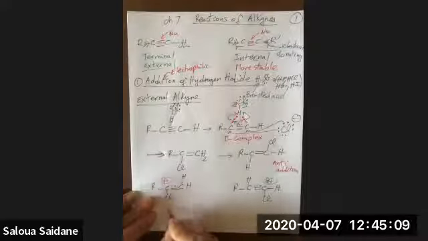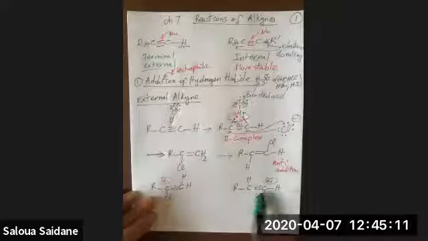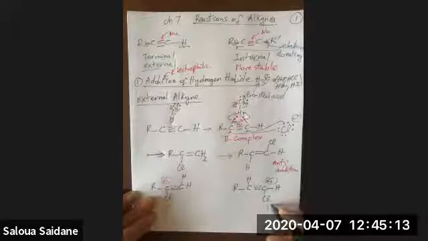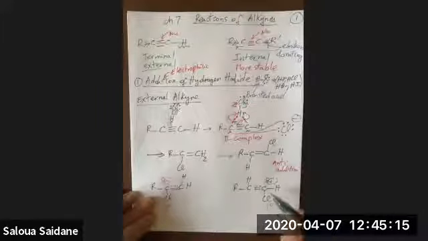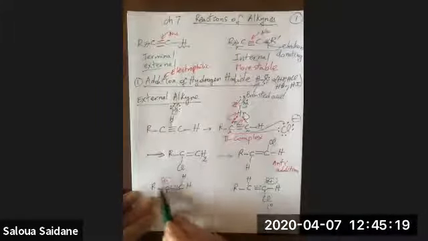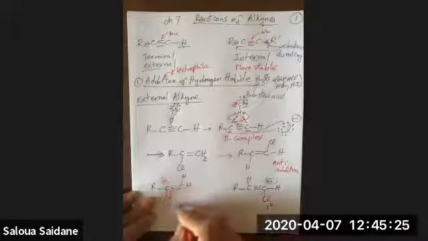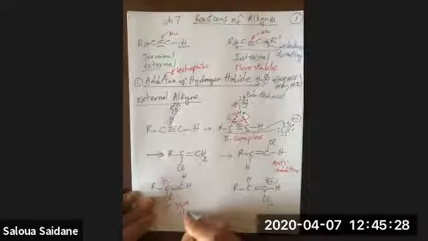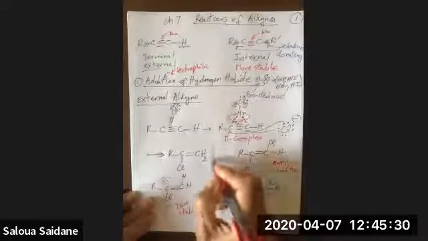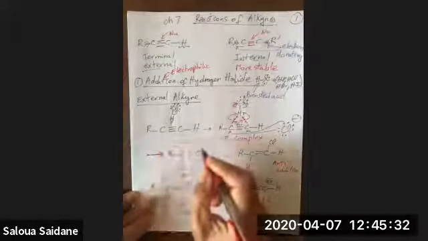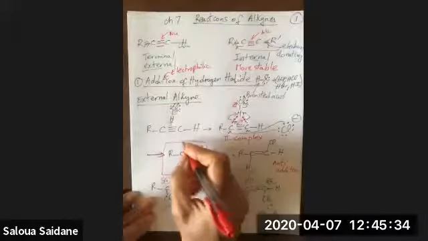So this is a secondary, and the delta plus here is a primary. Okay, so this carbon is attached to one carbon, this one is attached to two. So this is primary and this is secondary, which means that this is more stable. So this is the major product. So that's the product.